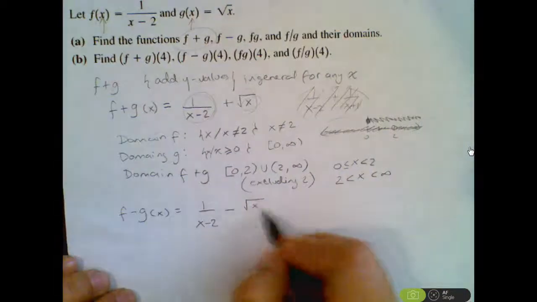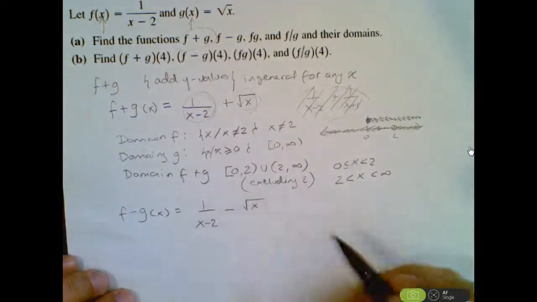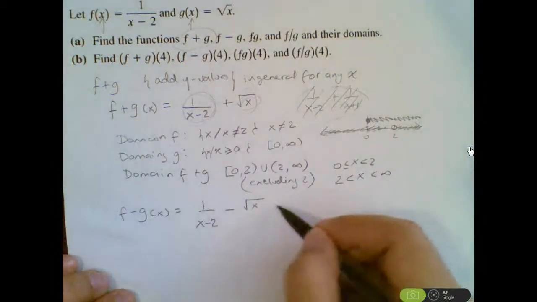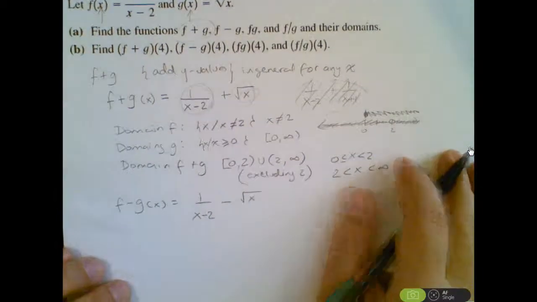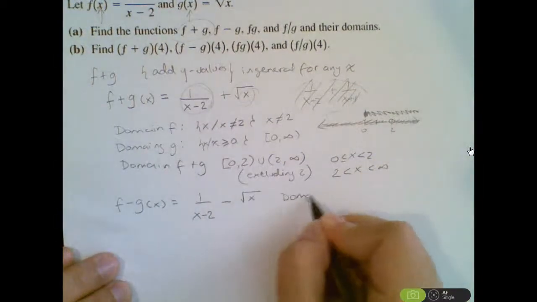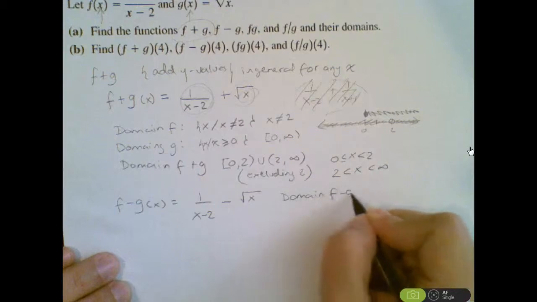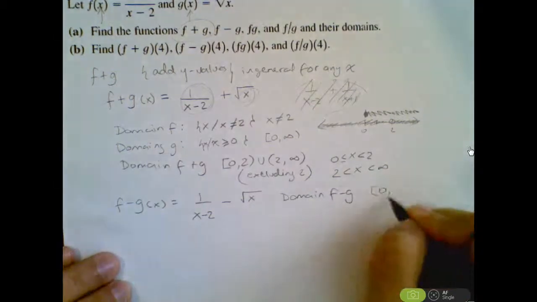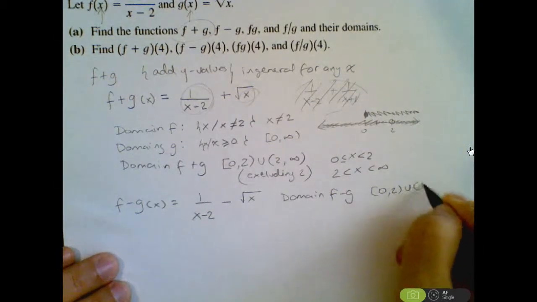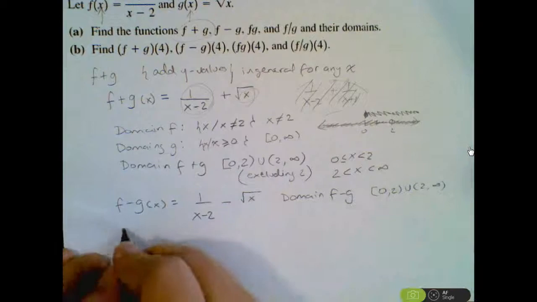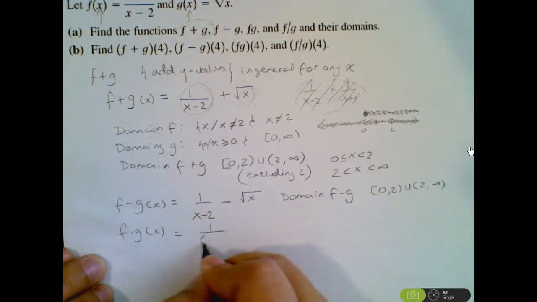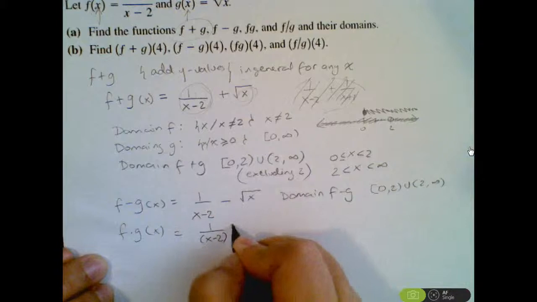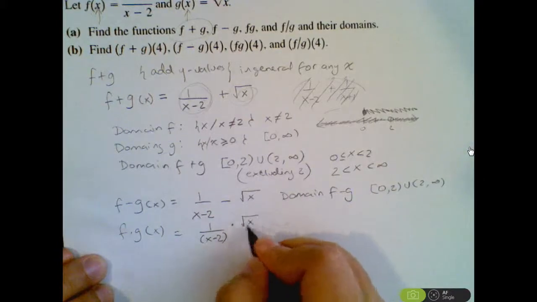Since g doesn't have any other terms, I don't have to use parentheses. But if g had other terms, then I'm forced to have parentheses there. In the domain, it's the same as the one that I found before, from 0 to 2, union 2 to infinity.